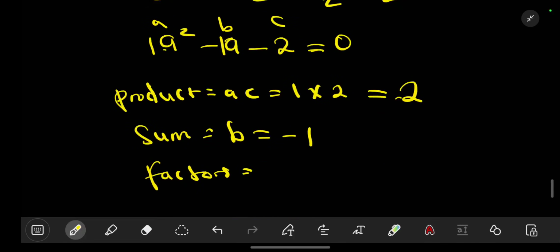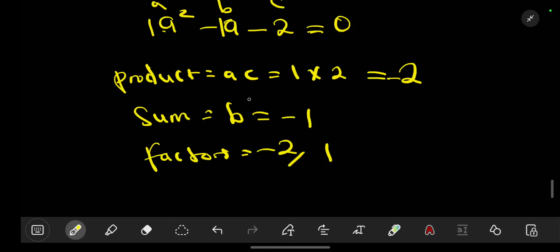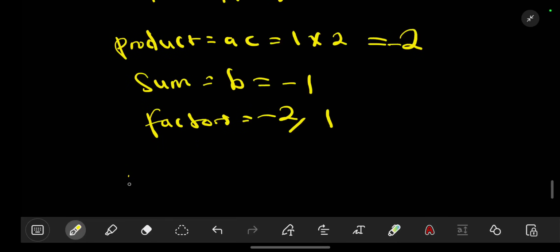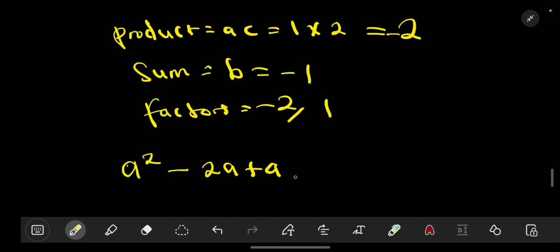So these two numbers, which when we multiply give negative 2, but when we add give negative 1, are negative 2 and positive 1. Replacing these values, we have a squared minus 2a plus a minus 2 equal to 0.